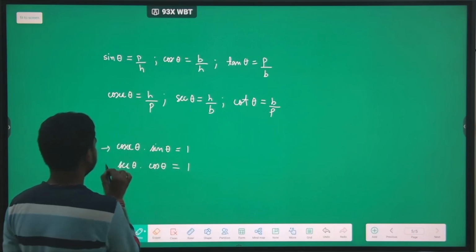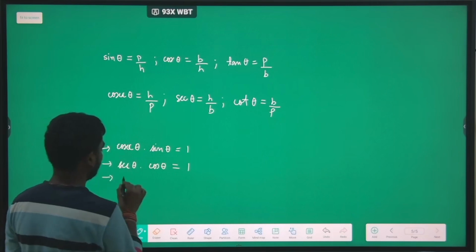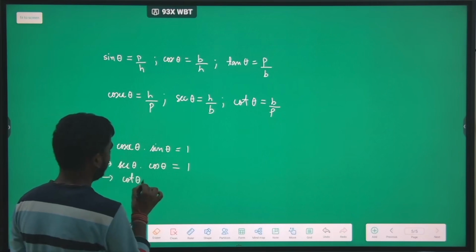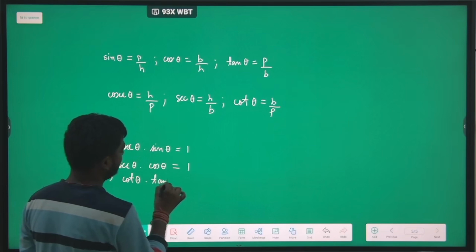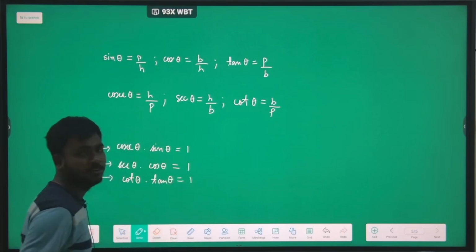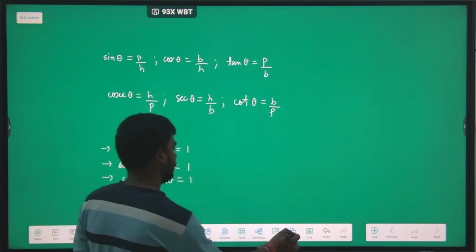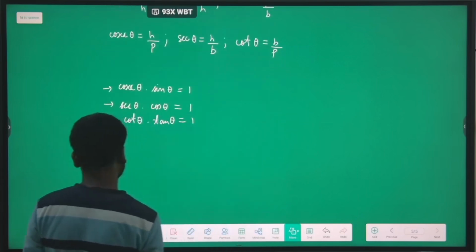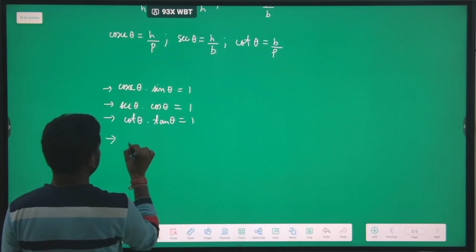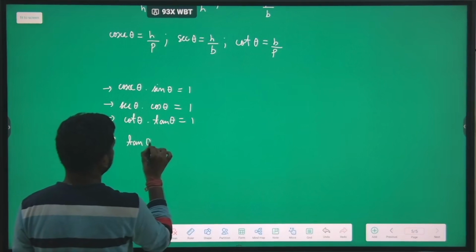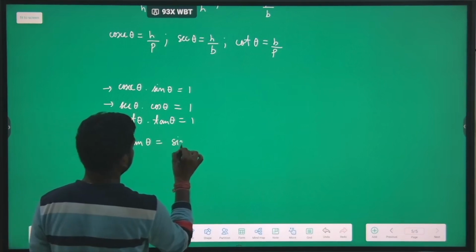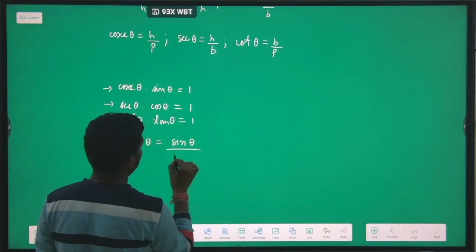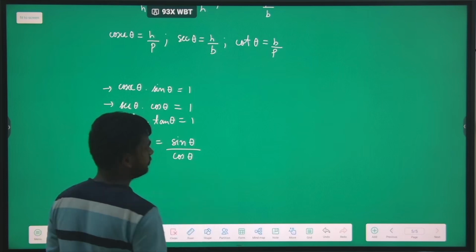Similarly, cotangent of angle theta when multiplied with tangent of angle theta gave 1. What else we learned? We learned tangent of angle theta is equal to sine of angle theta upon cosine of angle theta.